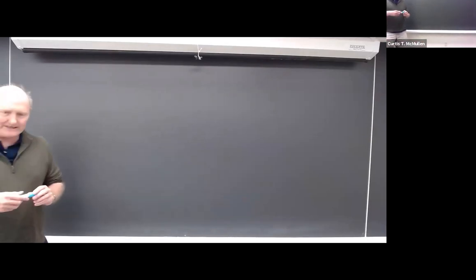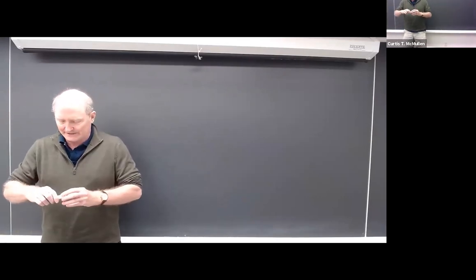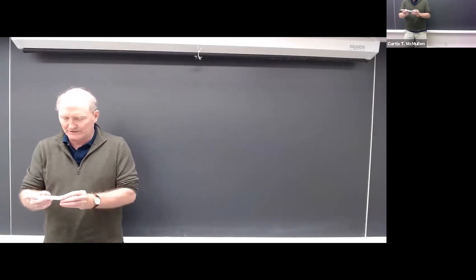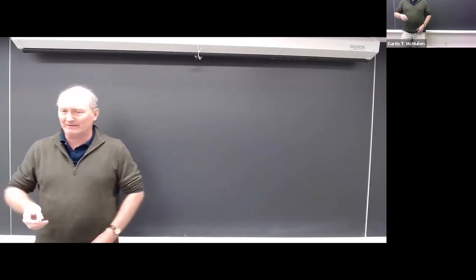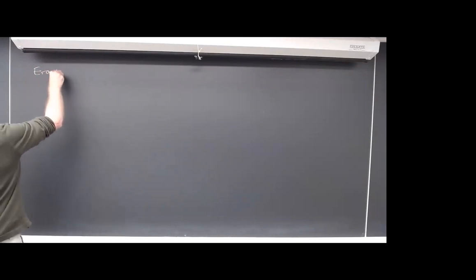Okay, so I want to start today with some general results and then go to a couple of specific examples, including the one we just saw. So perhaps one of the general results I should prove is the ergodic theorem. And there are various versions of this theorem, as you know already.